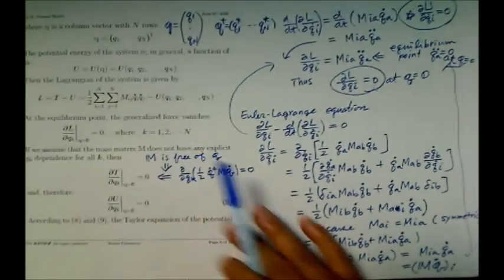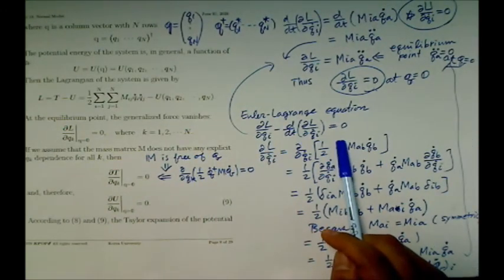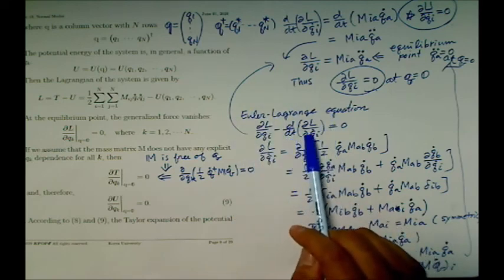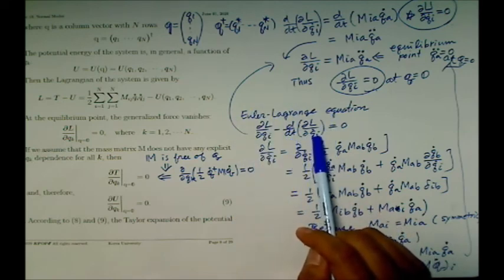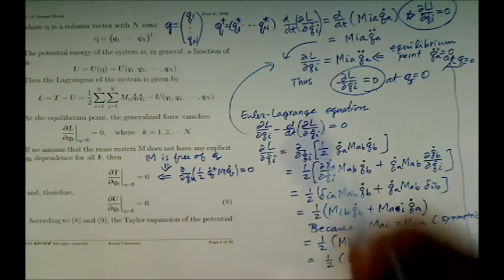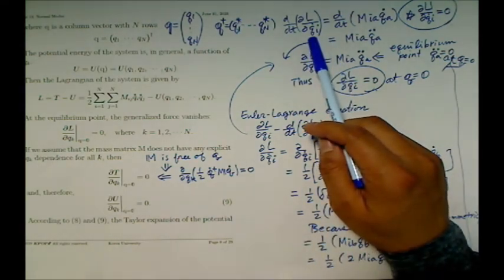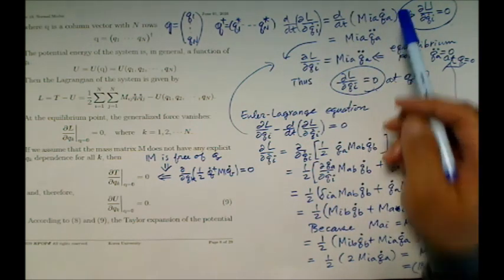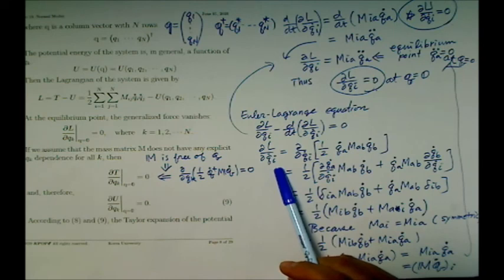We need the Euler-Lagrange equation. In order to find the Euler-Lagrange equation, we first need to find the conjugate momentum. It's a time derivative of the conjugate momentum, and the conjugate momentum can be found in this. The calculation is given here.